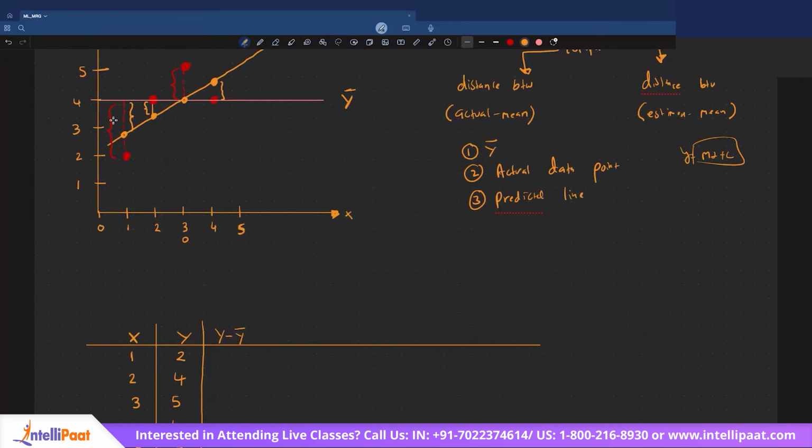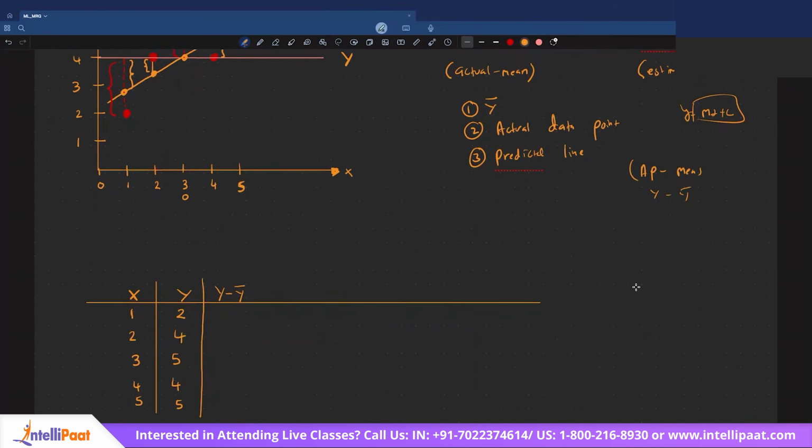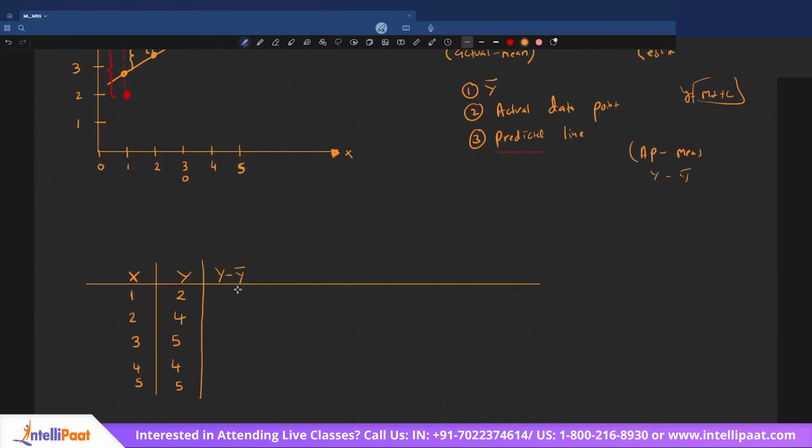Is this actual minus mean? The actual data point minus the mean is called Y minus Y bar, yes or no? This is simple logic.